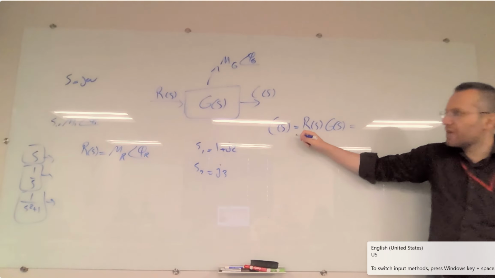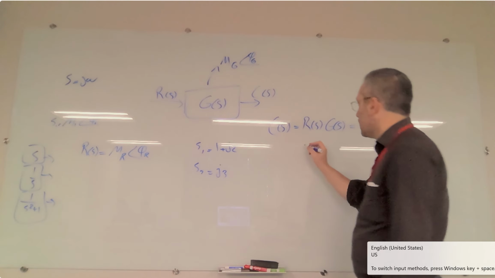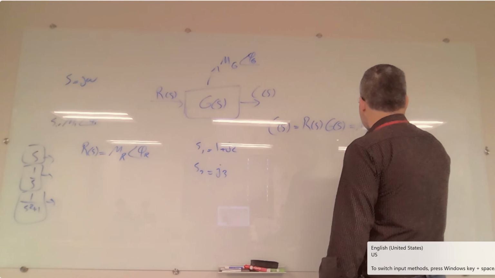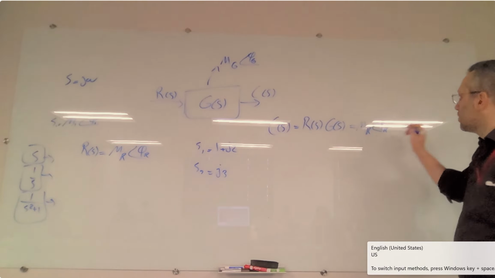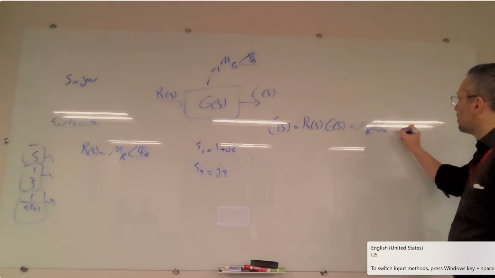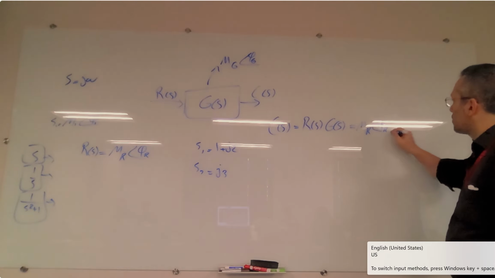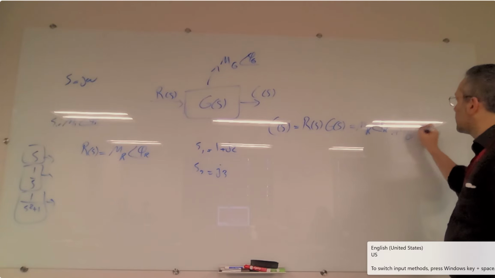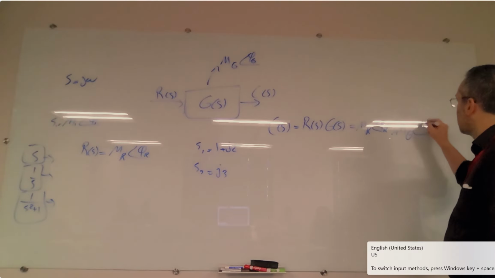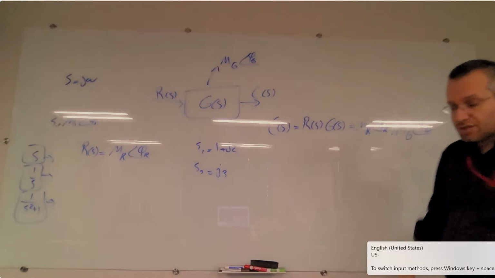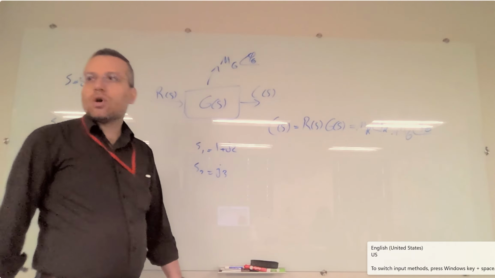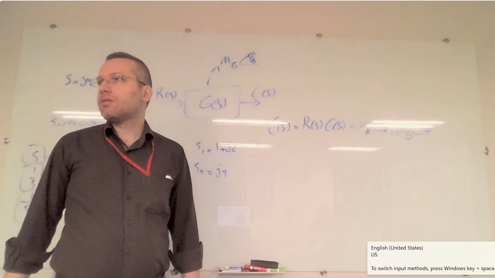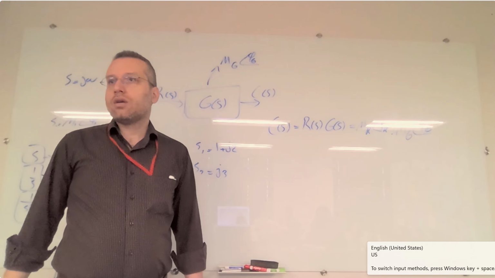So if this is a phasor representation of the input, and we have a phasor representation of our system, then it makes sense that the output also is a phasor representation, right?